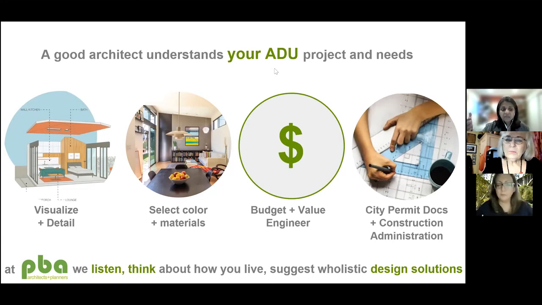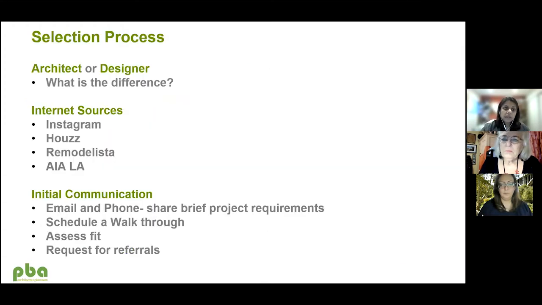And they'll be on site periodically to make sure that the contractor is following all of the design documents. And that's called the construction administration phase. And so that's what a good architect should be able to do.